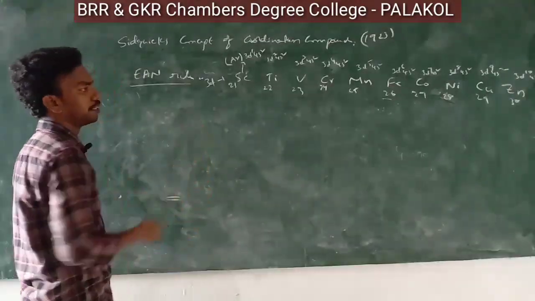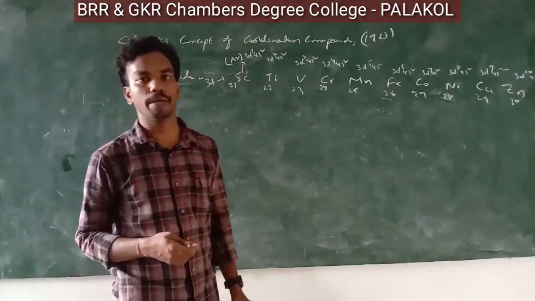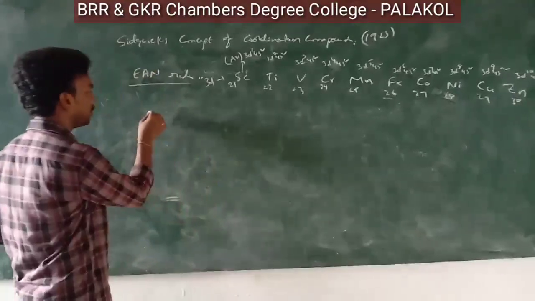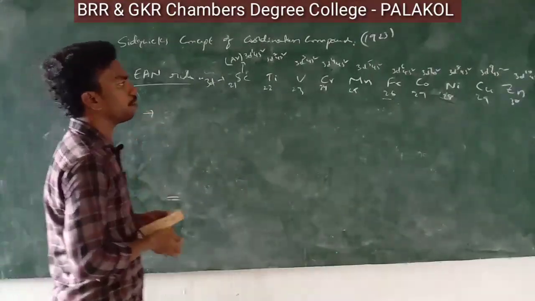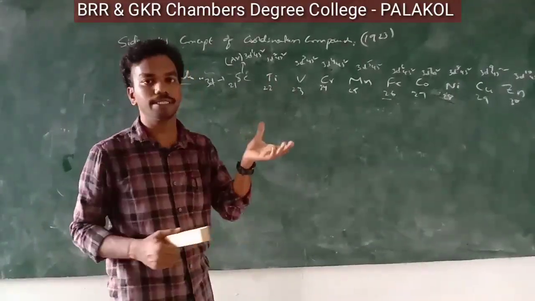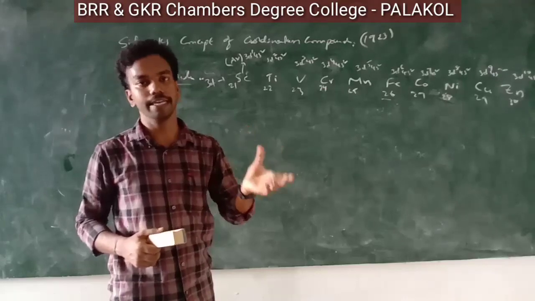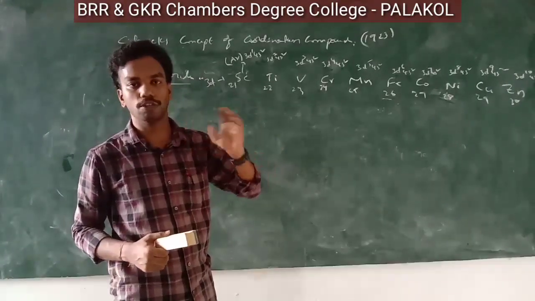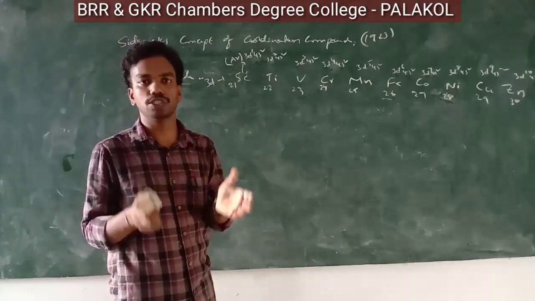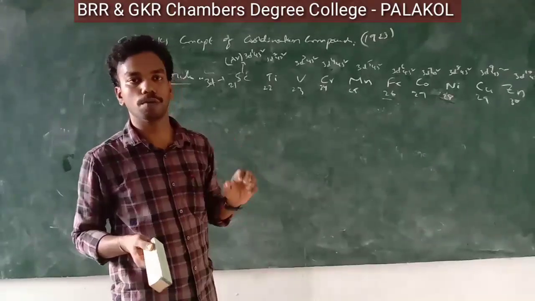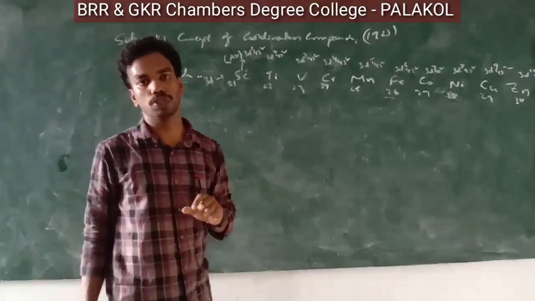Next, what are the drawbacks of Sidgwick's theory? First, in the Lewis concept, if you have 6 ligands, the 6 ligands donate 6 lone pairs of electrons to the metal atom. That means the electron density over the metal atom increases. But the metal is of electropositive nature.